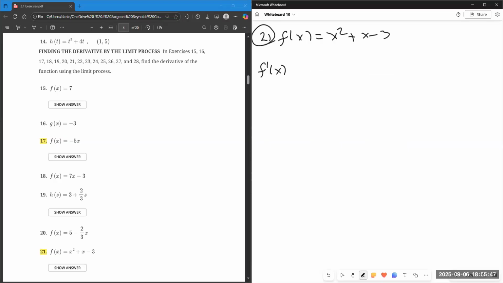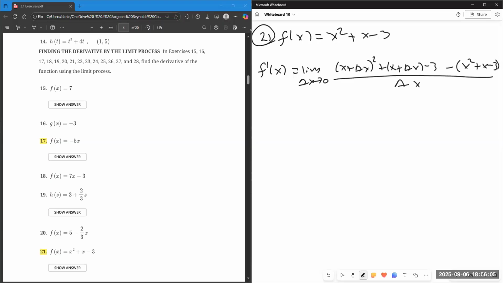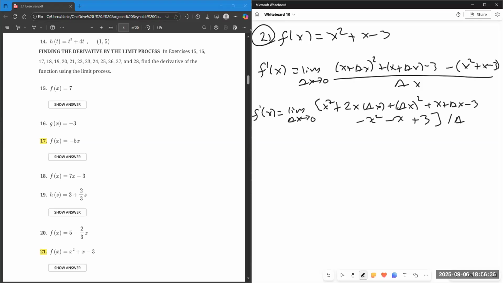So f prime of x is the limit as delta x goes to 0 of (x plus delta x) squared plus (x plus delta x) minus 3, minus (x squared plus x minus 3), over delta x. f prime of x is equal to the limit as delta x goes to 0 of x squared plus 2x delta x plus (delta x) squared plus x plus delta x minus 3 minus x squared minus x plus 3. All of that is divided by delta x.